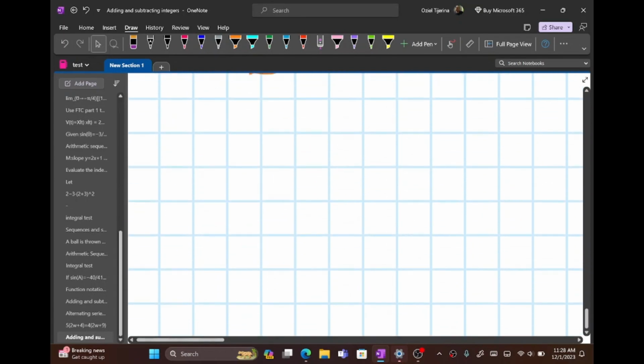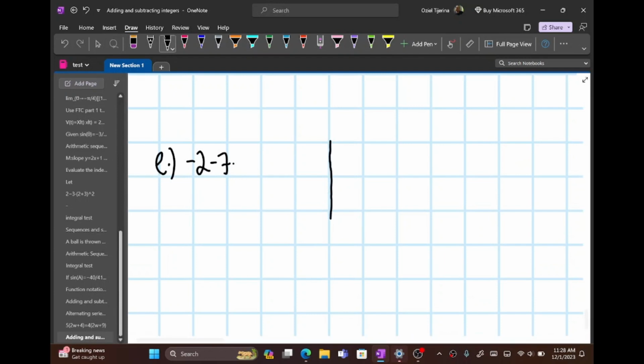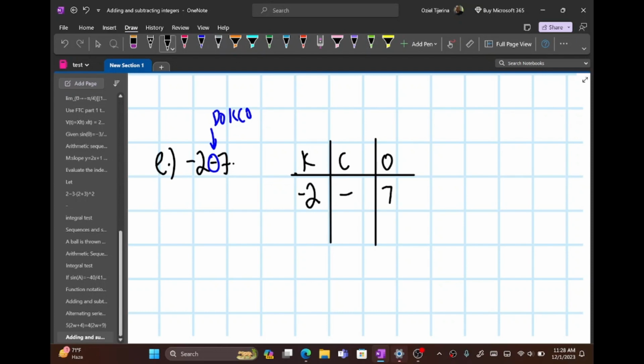Again, we're going to do our keep it, change it, opposite table, because we have a negative in here. So do KCO. We're going to put the original in here, negative 2 minus 7.